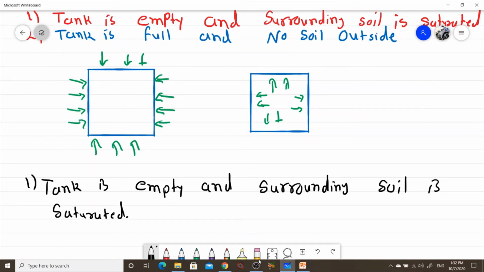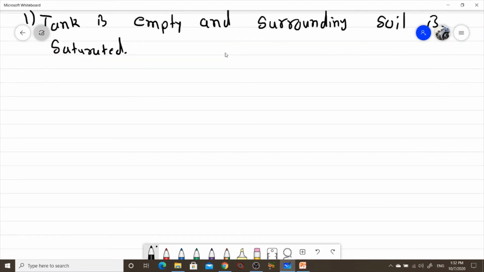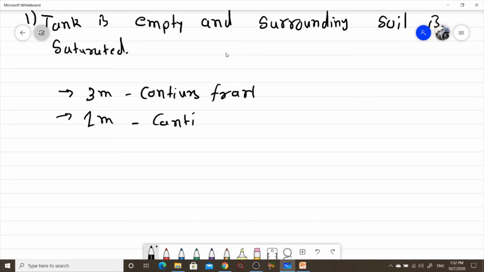So in the first condition, we have 3 meter as a continuous frame and 1 meter as a cantilever. By this we have to design the wall.